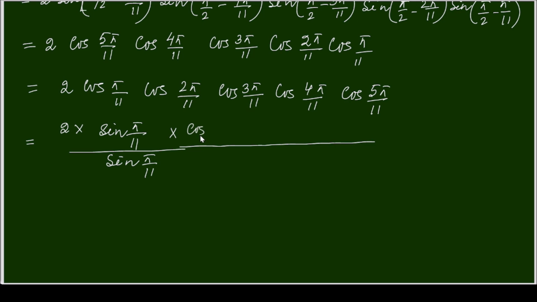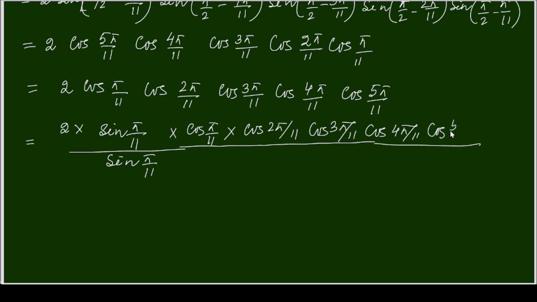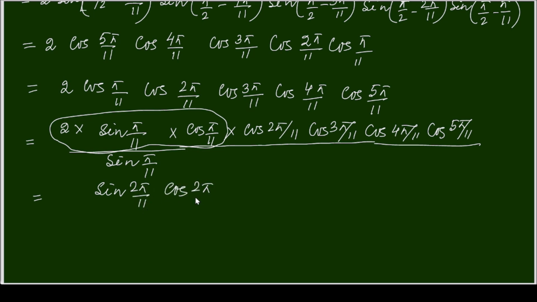Sin π by 11 into cos π by 11, cos 2π by 11, cos 3π by 11, cos 4π by 11 and cos 5π by 11. So in the next step, I'll take this sin π by 11, cos π by 11, it will become sin 2π by 11, and there is a 2 cos π by 11.